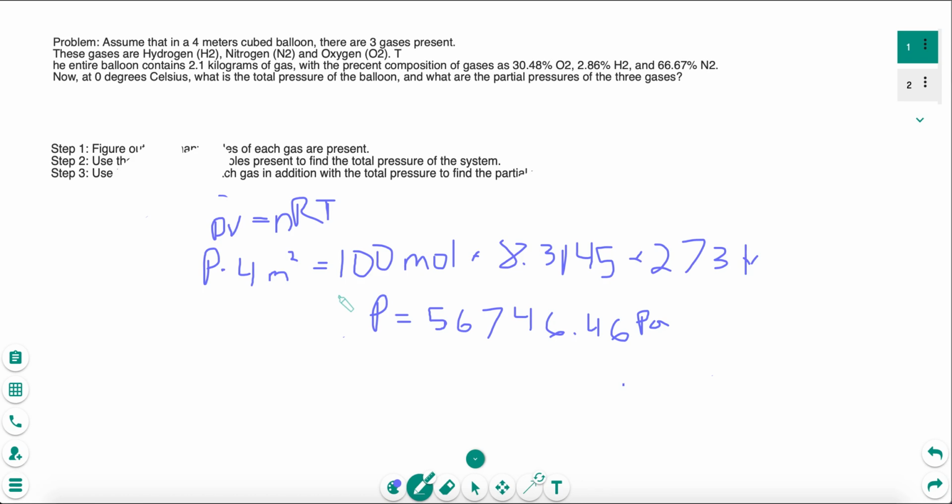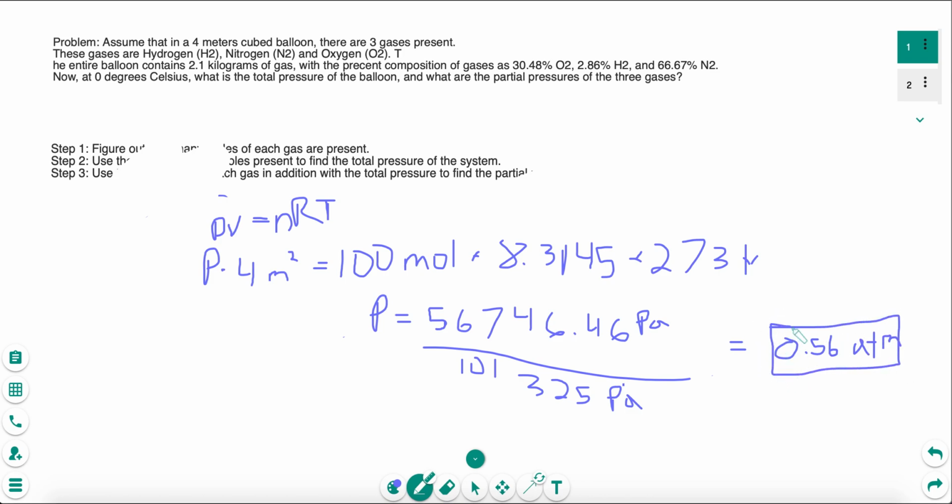So now we can convert this into atm by dividing by 101,325 pascals. This is because 1 atm is equal to 101,325 pascals. So if we do this calculation, we get 0.56 atm. So that is our total pressure. So again, the total pressure of the system is 0.56 atm.